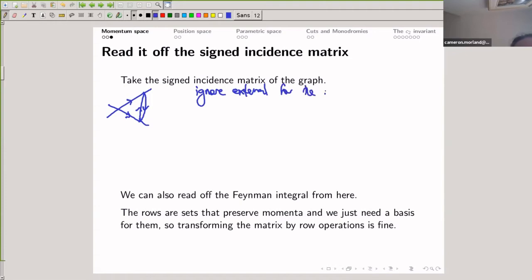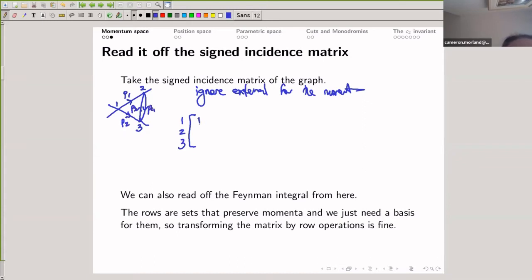If I now just make the signed incidence matrix of that smaller piece, let's call the vertices 1, 2, and 3. And we already called these edges P1, P2, P3, and P4 for their momenta.